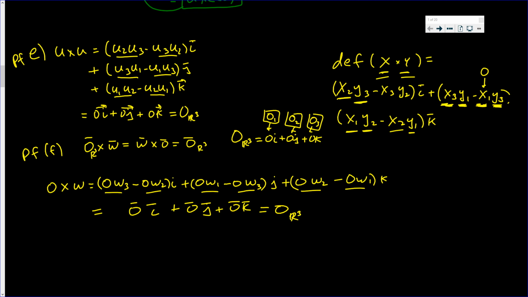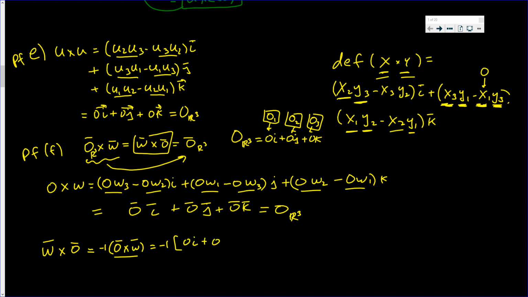Now, W cross 0. So far I showed that 0 cross W is equal to the 0 vector. Well, W cross 0 is almost the same as 0 cross W. It just has a negative 1 in front. But we just computed 0 cross W. We got 0i plus 0j plus 0k.